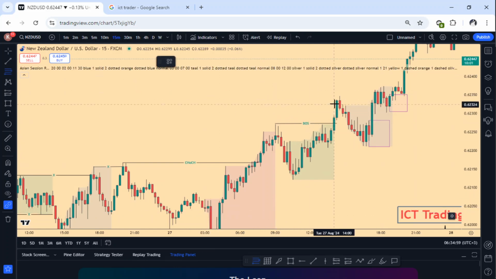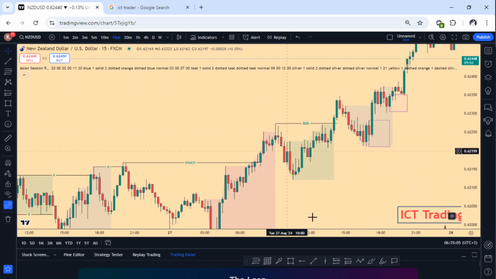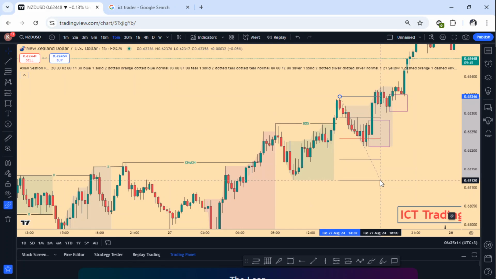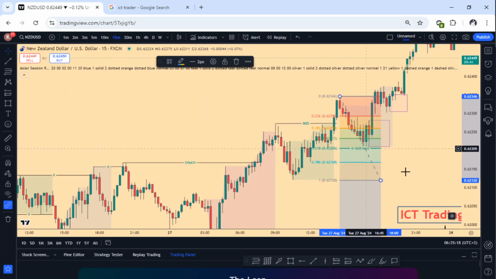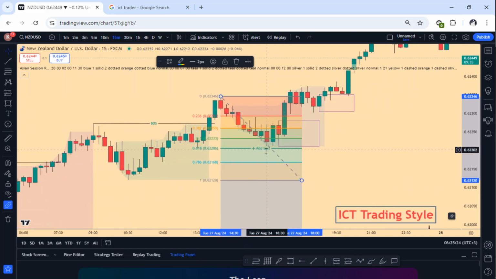So if you take a fib level from this low to this high to look for OTE, let's just apply default, you will realize that the market probably never touched the 0.68.